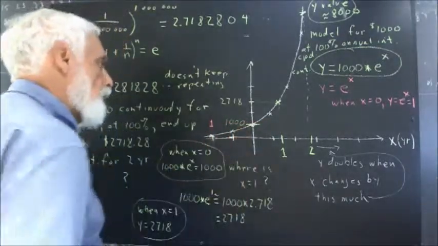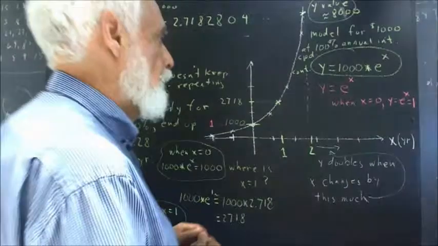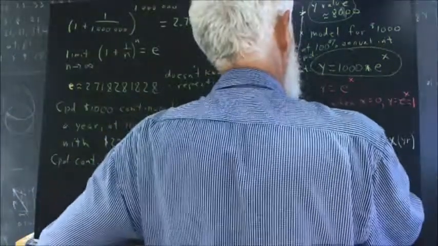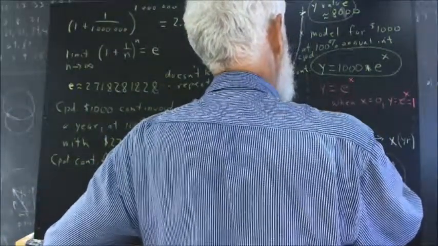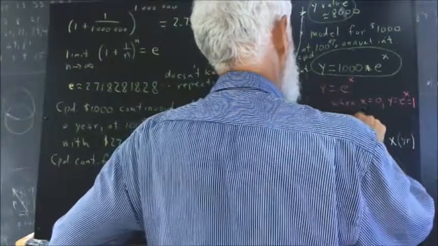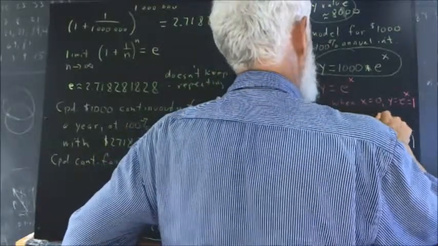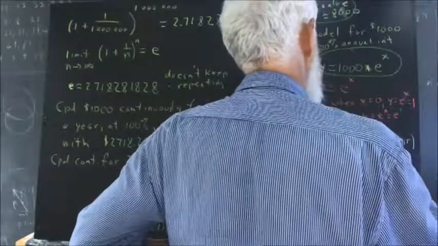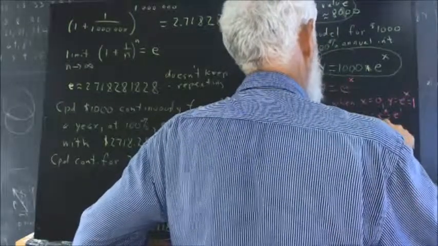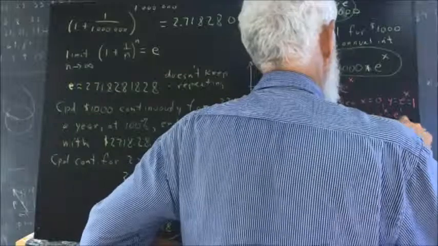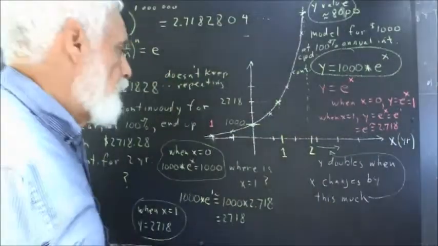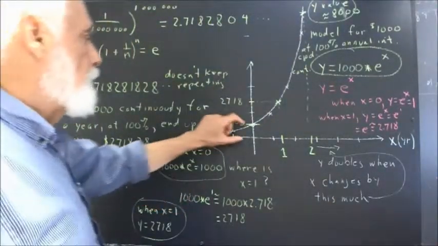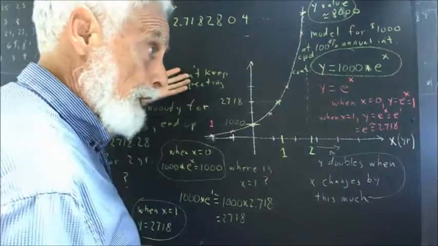So there we are. And then when x equals 1, y equals e to the x equals e to the 1, which equals e, which is approximately 2.718. So I come up here and I find 2.718.